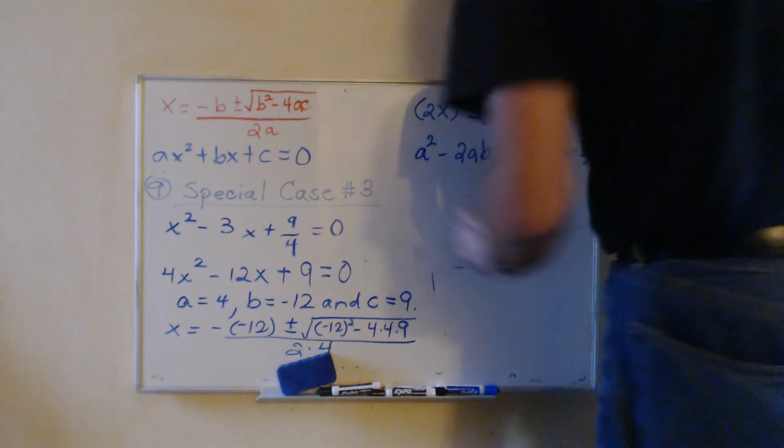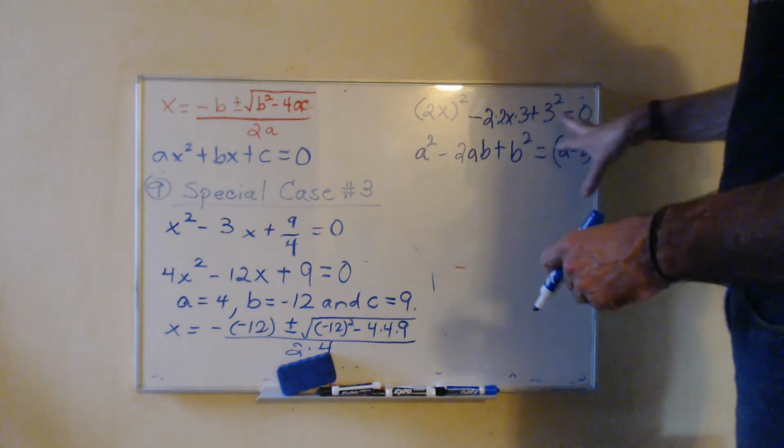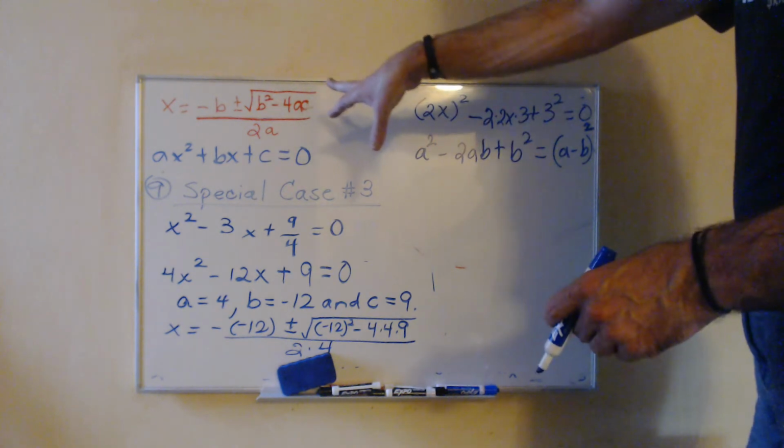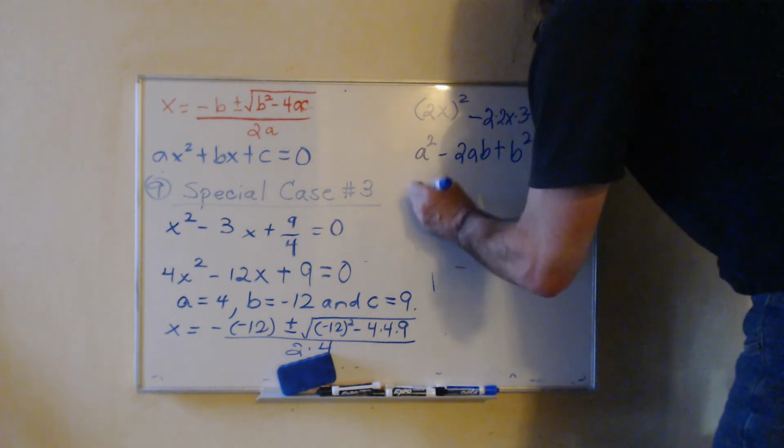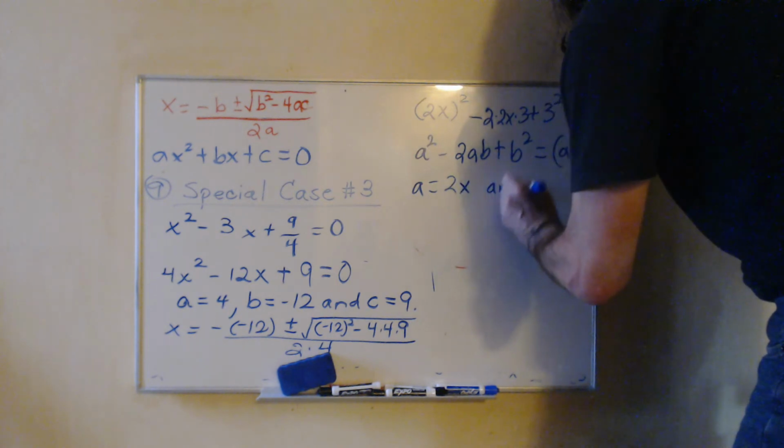Therefore, lining up here, this is a different use of a and b, by the way, compared to what we've got in the quadratic formula. A is 2x, and b is 3.